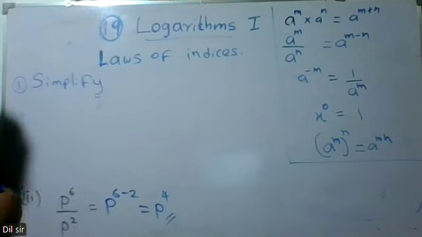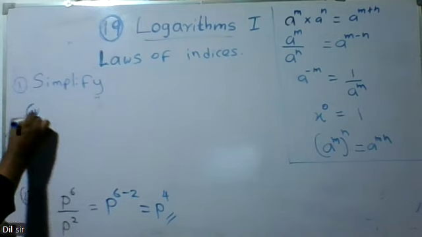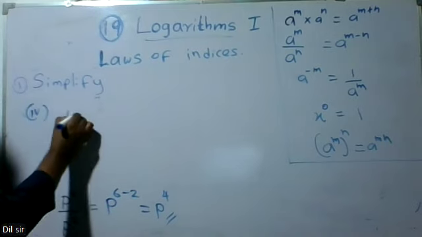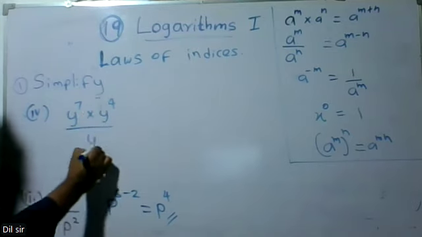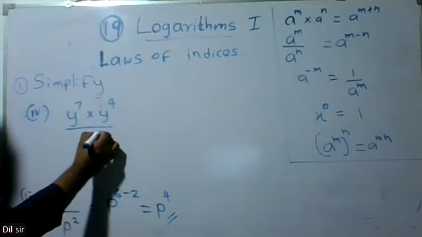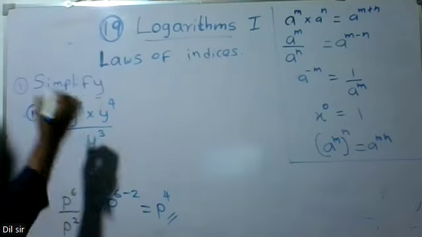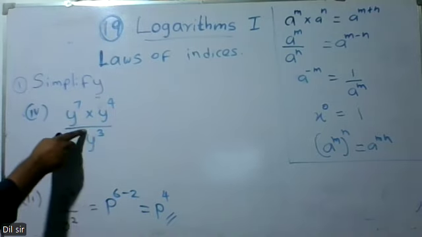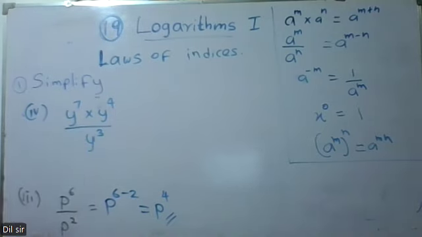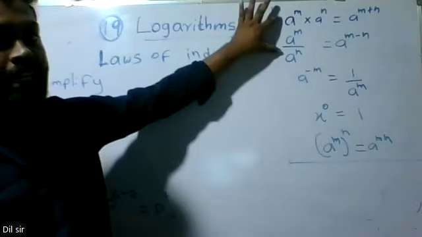Next one, the fourth: y to the power 7 times y to the power 4 over y to the power 3. Now the product and the division are both present. You have to use the first two laws.